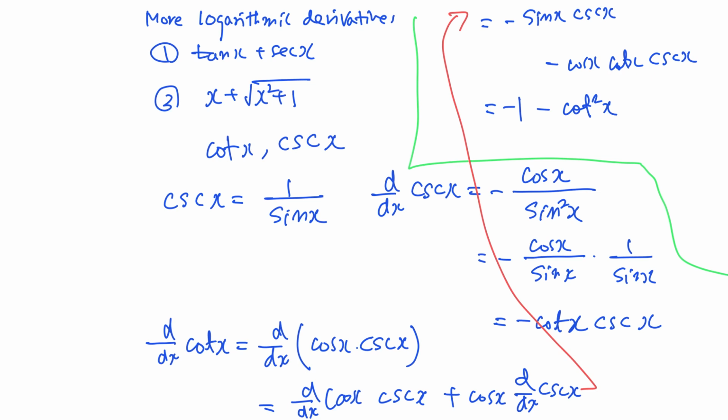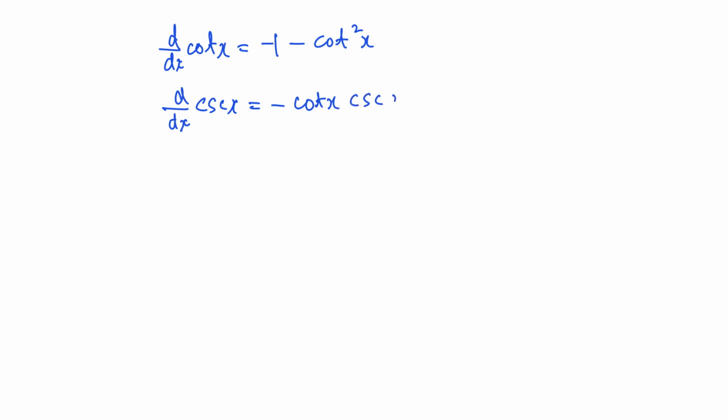So let's summarize. d/dx of cotangent x is minus 1 minus cotangent squared x. d/dx of csc x is minus cotangent x csc x, right?